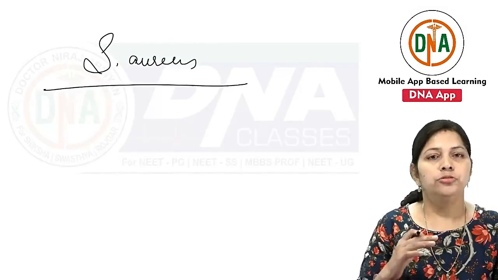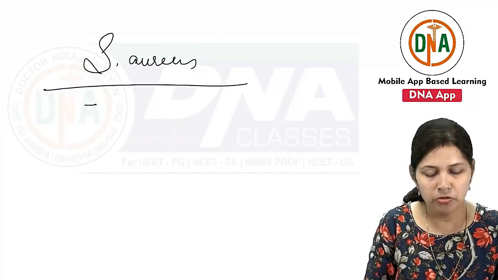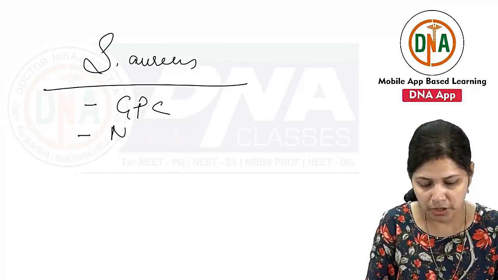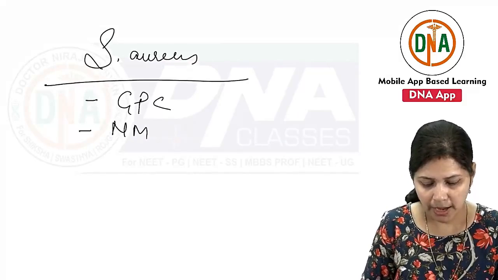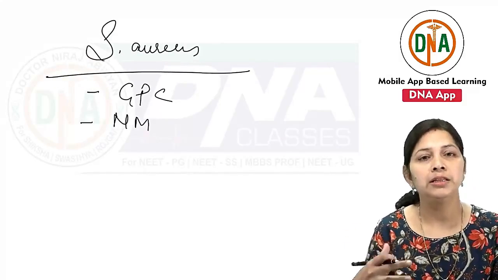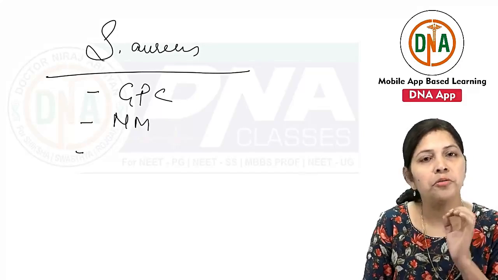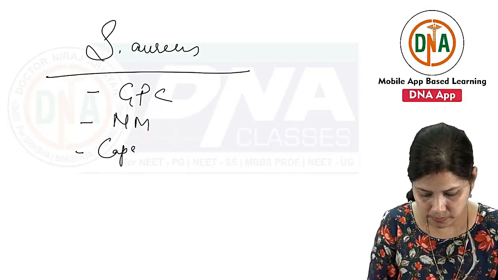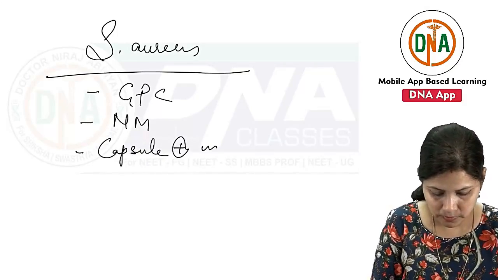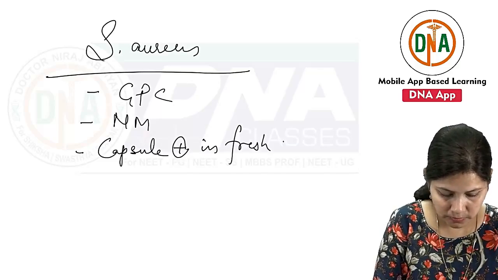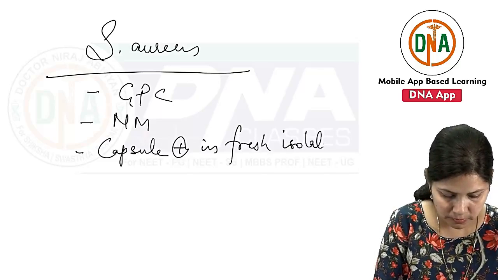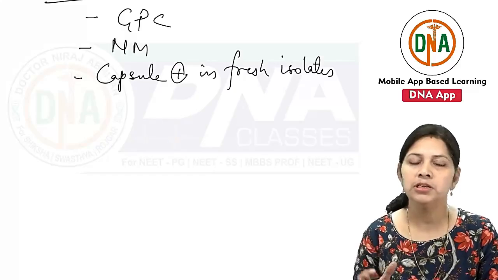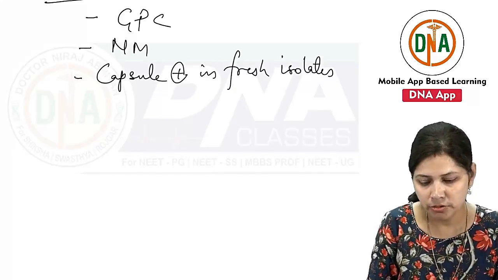Okay, so apart from all, what we know is it is a gram positive cocci, which is non-motile, and capsule is seen in the young isolates, very thin or micro capsule in the fresh isolates. Okay, so as far as the organism is concerned, it grows on ordinary media.